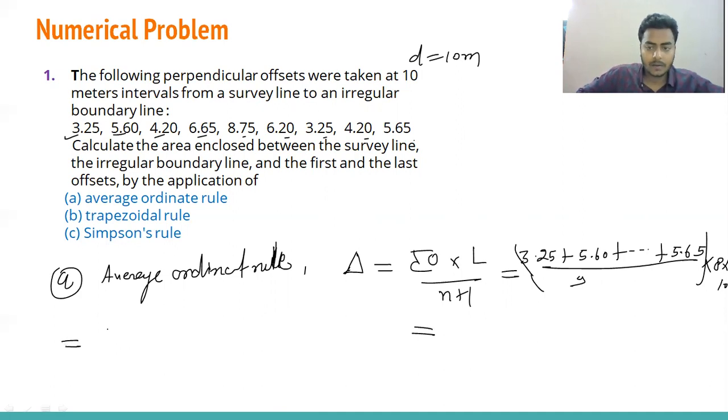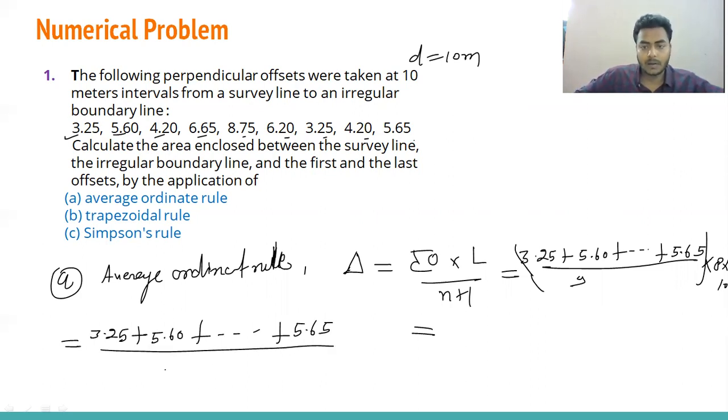Dividing by 9, where n plus 1 is 9 and n is 8, I'm getting 424.44 meter square.